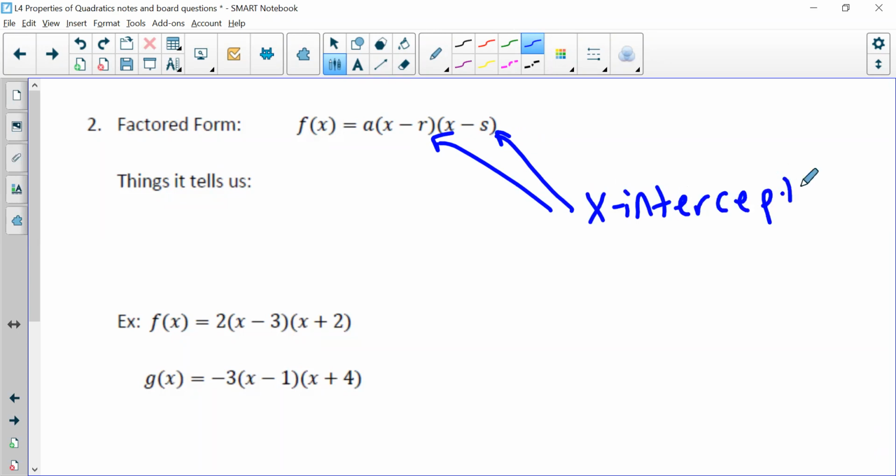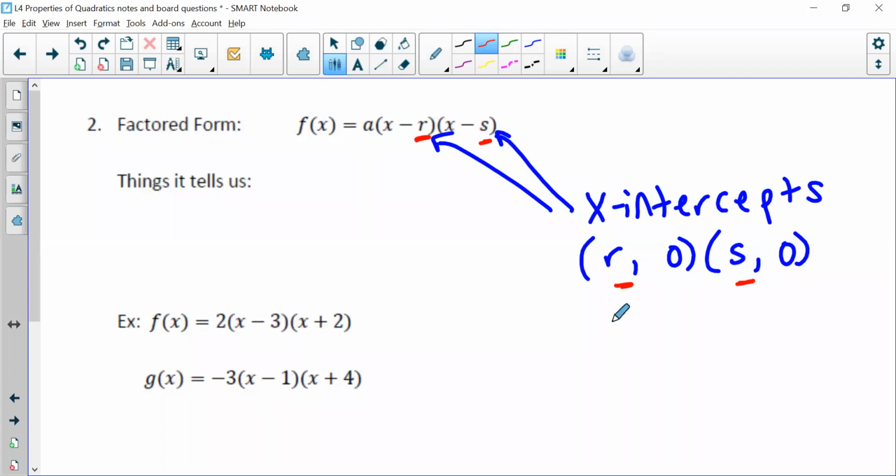So if I was going to write them as points, it would be R, 0 and S, 0 from here. Now I'm going to put this note here. It's going to look a little tricky, but hopefully you guys can see it. You do need to switch the sign of R and S. The points, the graph, and the equation are going to have opposite signs. I can explain that when we're in person. But you're going to switch the signs of R and S.